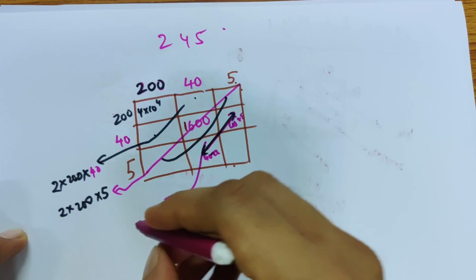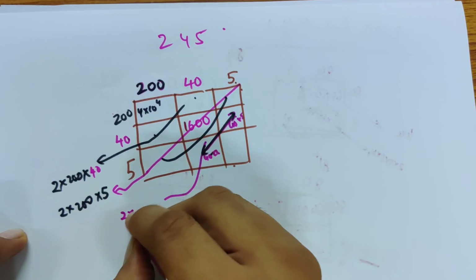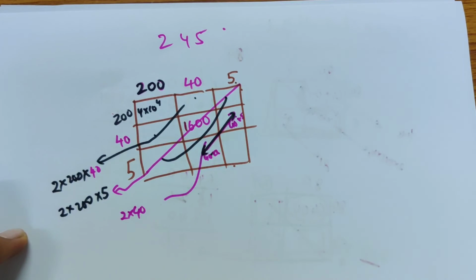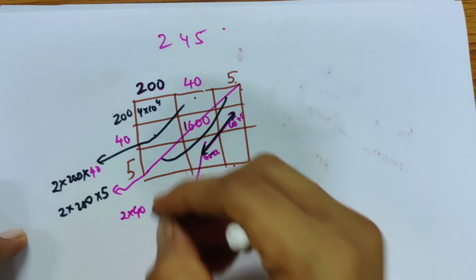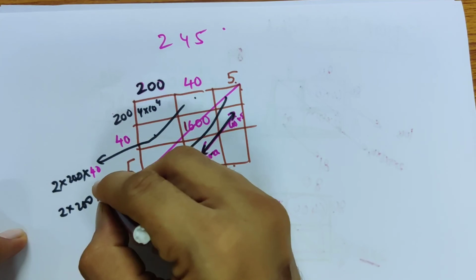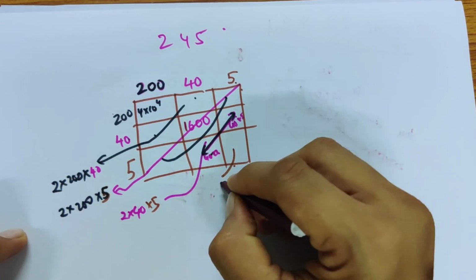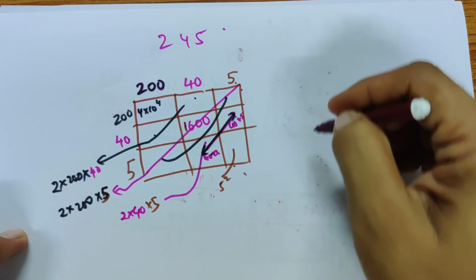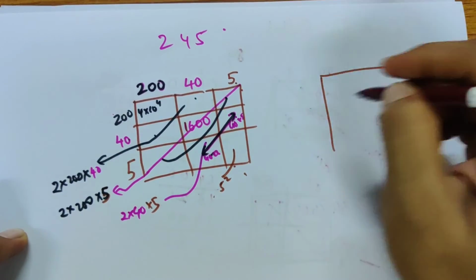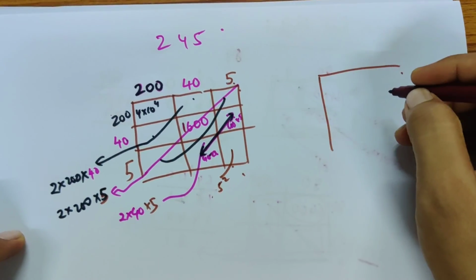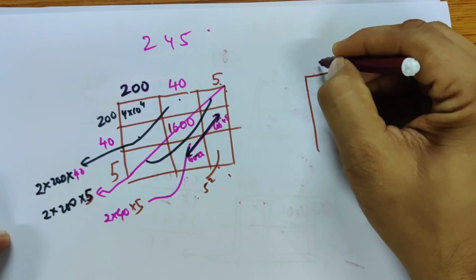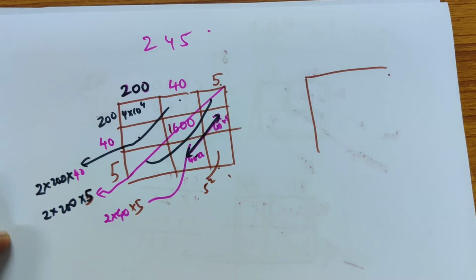So this one is actually giving you 2 times 40 times 5. And then this of course is 5 square. So when we are doing the long division method for square root, as it's called, the first digit, which is going to be the 2, is going to be compared with whatever the result of this is.